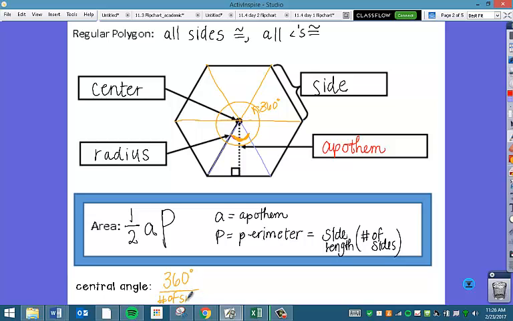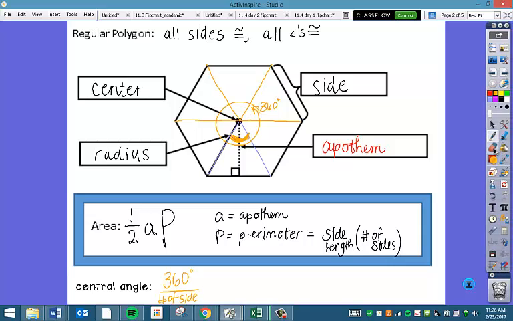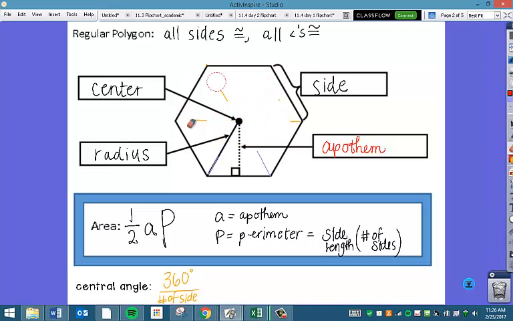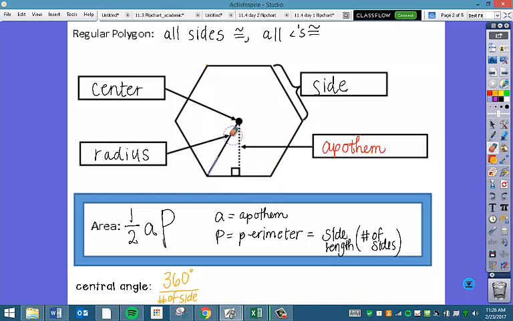And that's going to give me that central angle. That's going to give me how many degrees are in this angle at the top of that triangle. And so once I know my central angle, then I can just divide it by 2, and that will give me the measure of this angle.